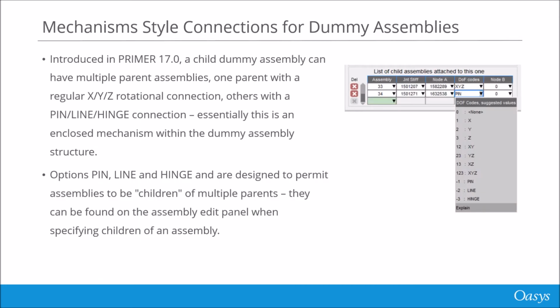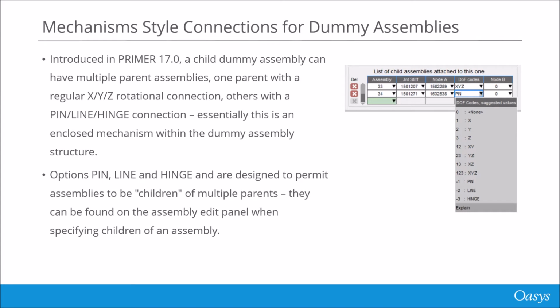So introduced in Primer 17, a child dummy assembly can now have multiple parent assemblies. One parent with a regular XYZ rotational connection, and others with a pin line hinge connection. And essentially, this is an enclosed mechanism within the dummy assembly structure.